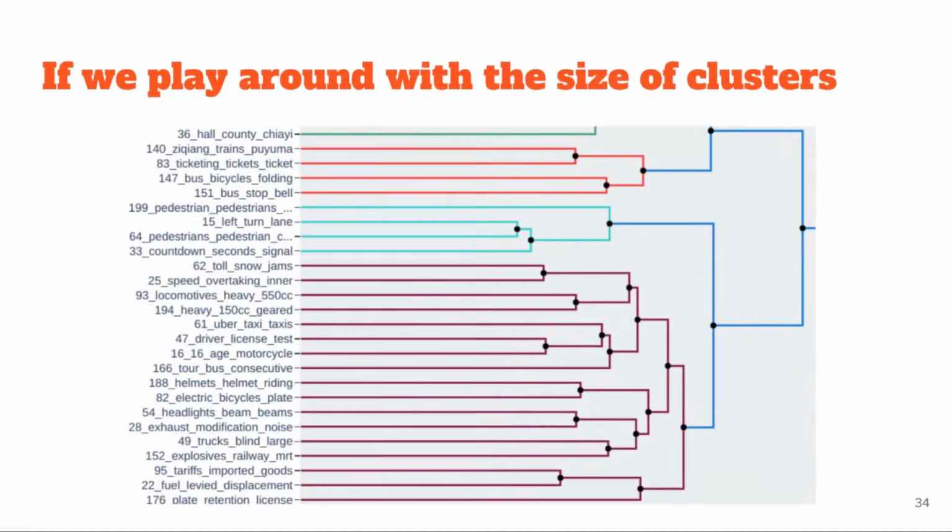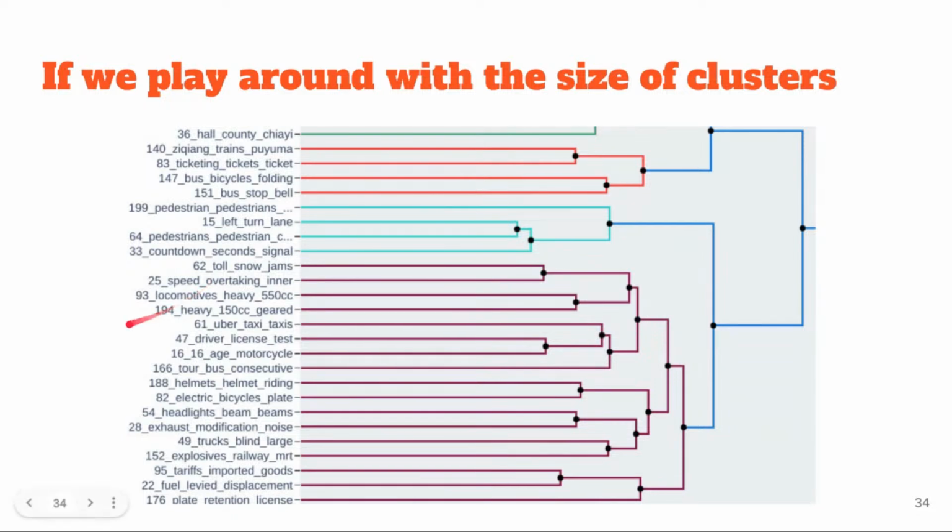Another cool thing about this framework that we use is that, depending on how you do your clustering and the hierarchy, you can go very fine-grained. This is with very small cluster size, or basically a different HDBSCAN. Before, you saw HDBSCAN with 14 clusters, but now we changed it to having more clusters.